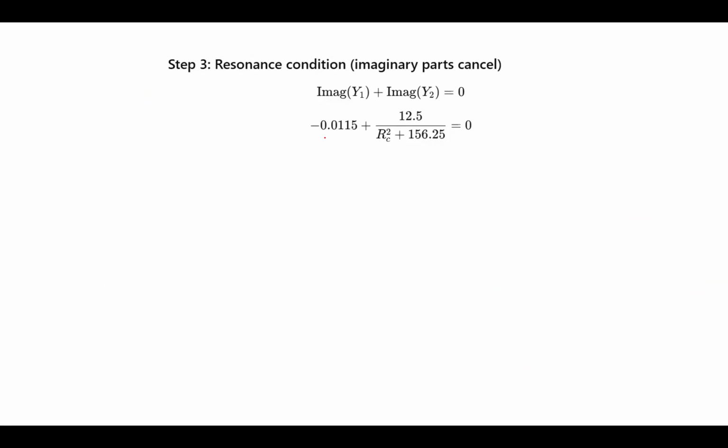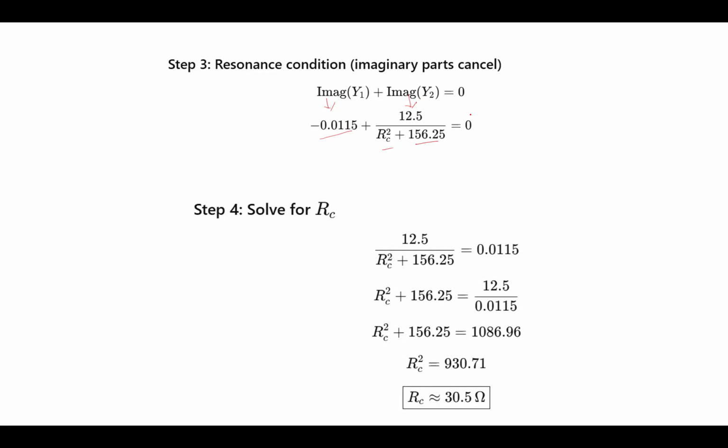Therefore, you write minus 0.0115 plus 12.5 divided by RC square plus 156.25 equals 0. Now we are solving this. You send minus 0.0115 to the right side, and it becomes plus. You can directly use a calculator or solve it here.